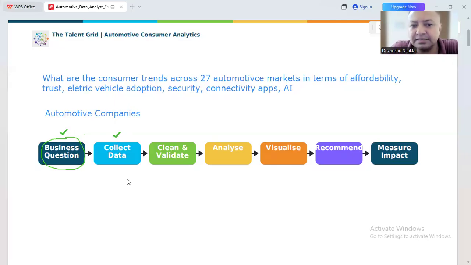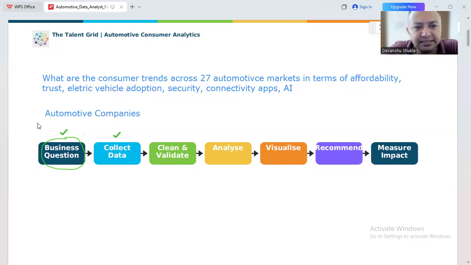The second step is collect data. I've already shared the data set with you, which is in Excel format, which is available on your WhatsApp. You can download it on your local machine. Then we will upload it on Google Colab and we are going to start execution on this data. So what is the objective?